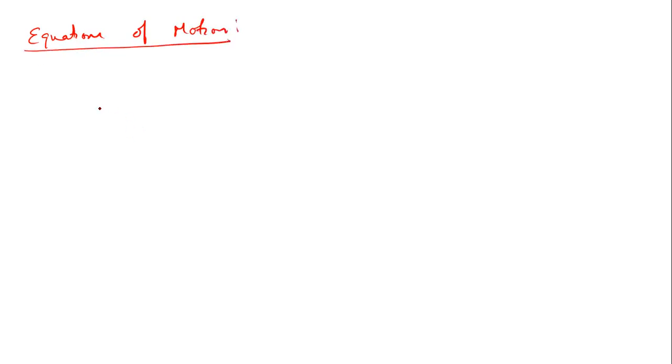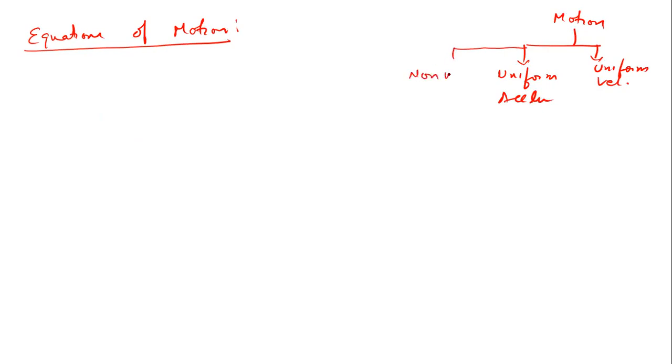As I had already suggested, the motion of a particle can be divided into two parts. One is uniform velocity. The other one is uniform acceleration. If you want, you can put one more criterion here, which you call non-uniform acceleration.